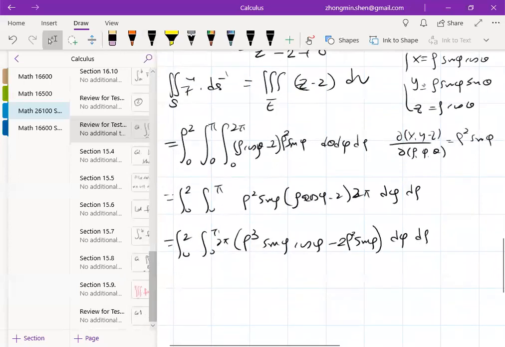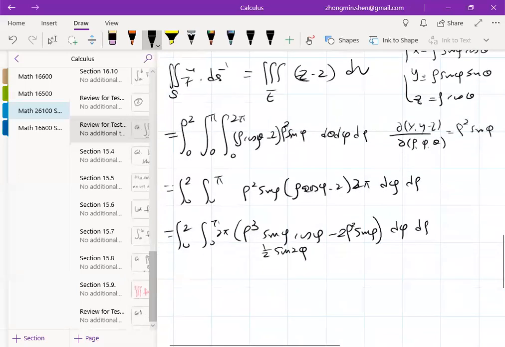I think the integral of sine phi cosine phi from 0 to pi is going to be 0, because this is half of sine 2 phi, and the antiderivative will be negative cosine 2 phi over 4. After that, rho cosine phi minus 2.